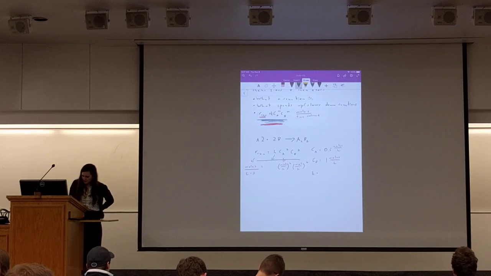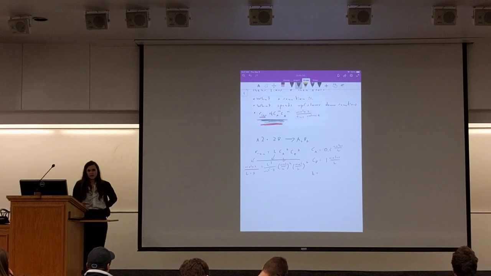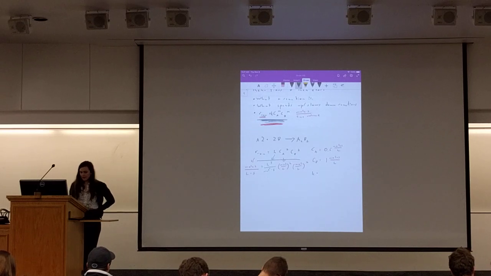I heard liters cubed per moles cubed second. So what people did there is they looked at what the units had to be in order to cancel out and leave you here.